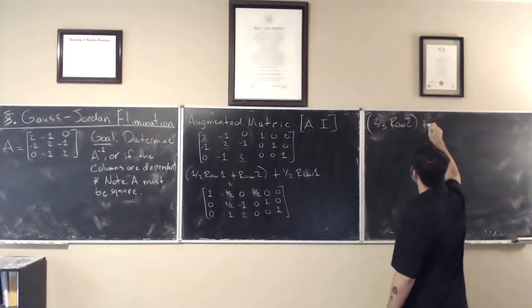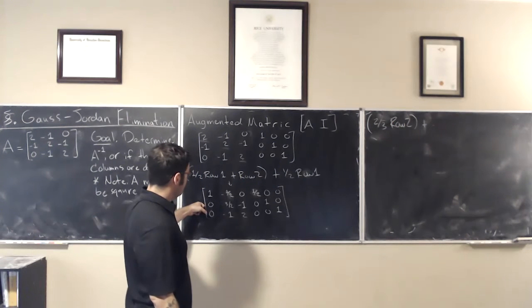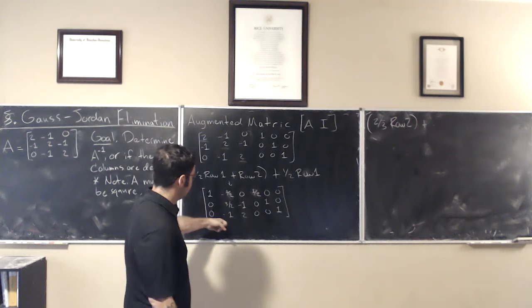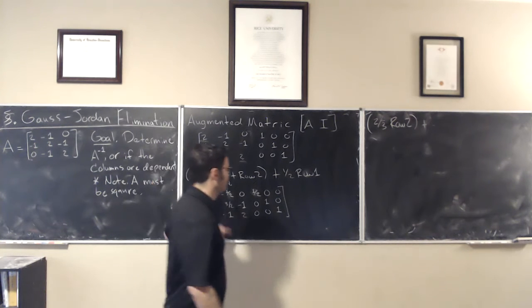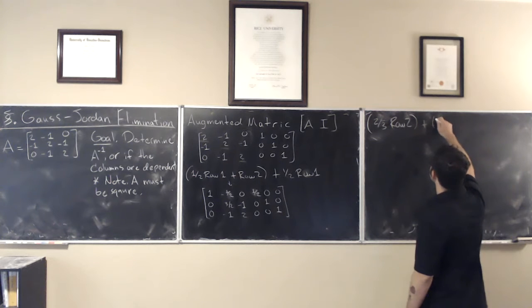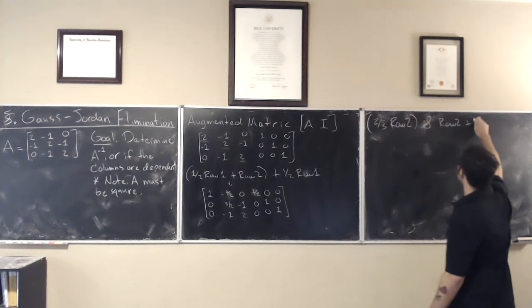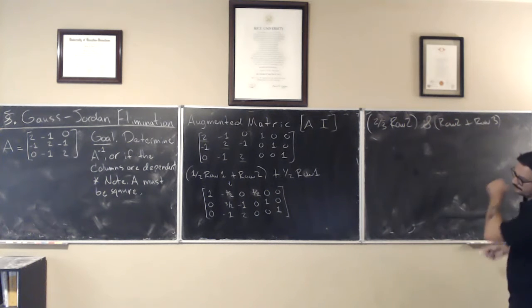And then what else are we going to do? Then 2/3 of row 2 plus this. So there'll be a 1 there, and then that minus will go away. And then row 2 plus row 3 after we do that, or something like that.